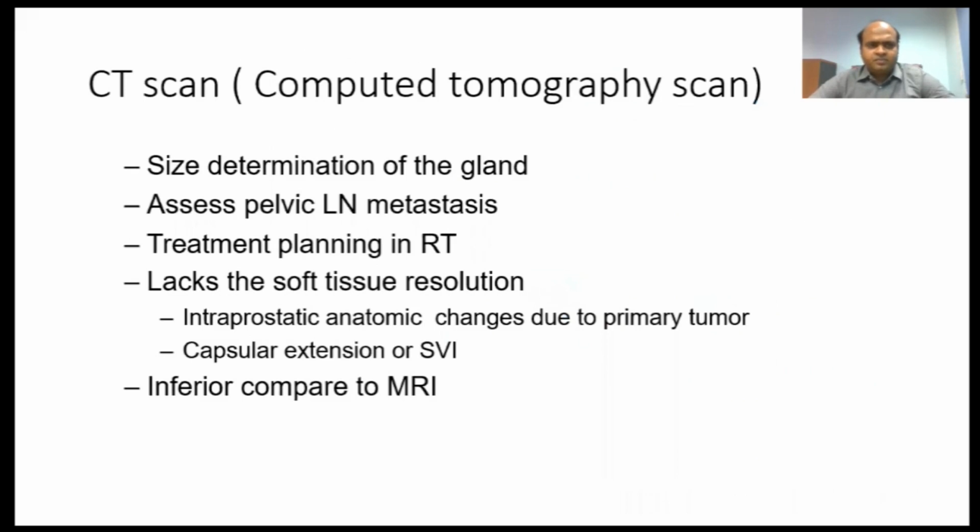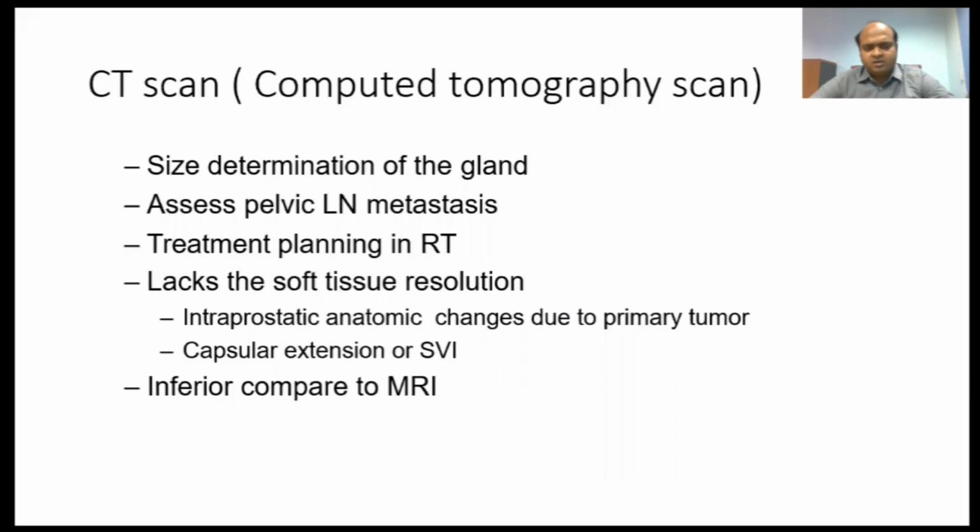The role of CT scan in evaluation and management of prostate cancer is not so great as I described regarding MRI. It has its own limitations. However, it has better sensitivity and specificity to assess pelvic lymph node metastasis.